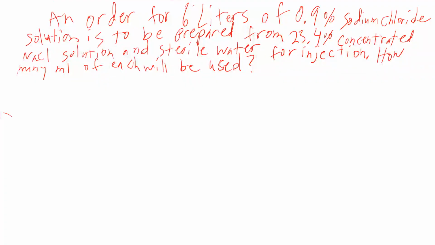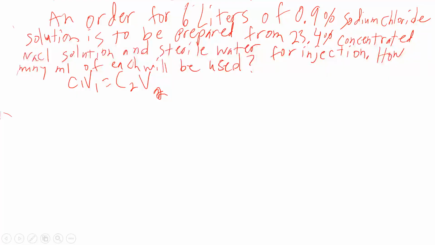Okay, so for this one, let's see if we can use the equation C1 V1 equals C2 V2. So how many percentages do we need to find? There's 0.9, which is the total, and then there's 23.4, so there's just two, and there's one volume.